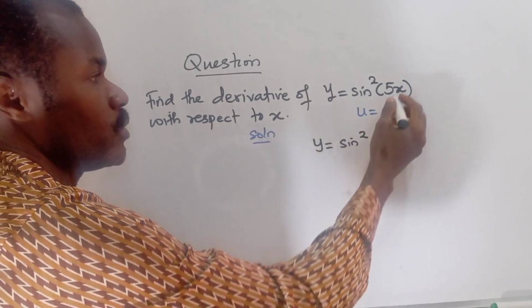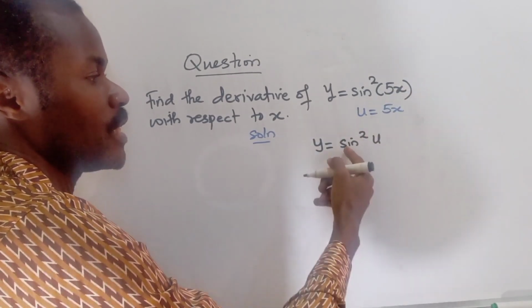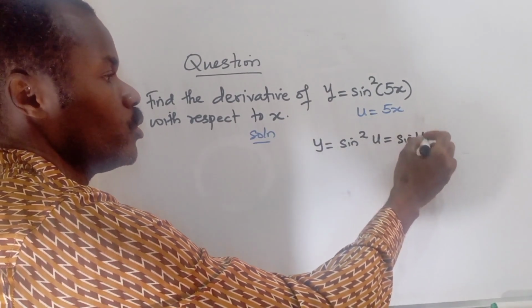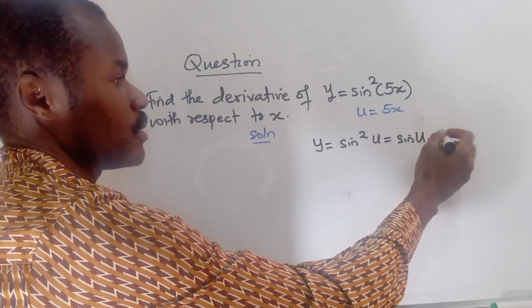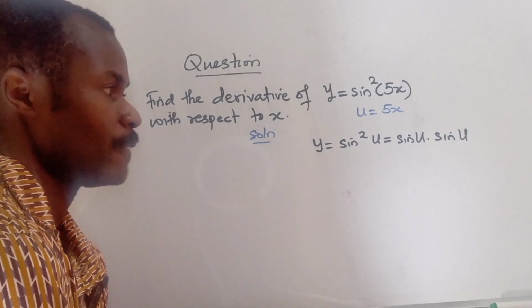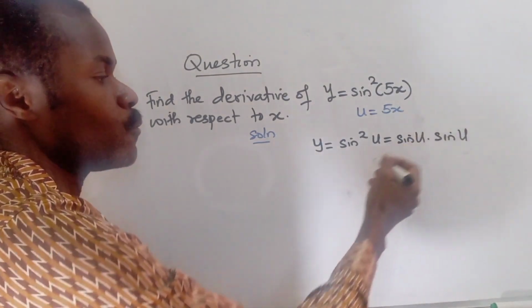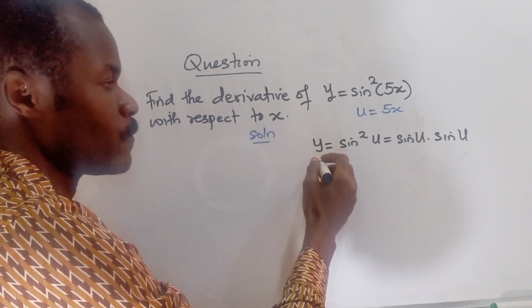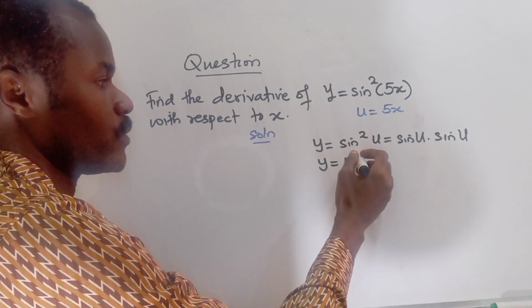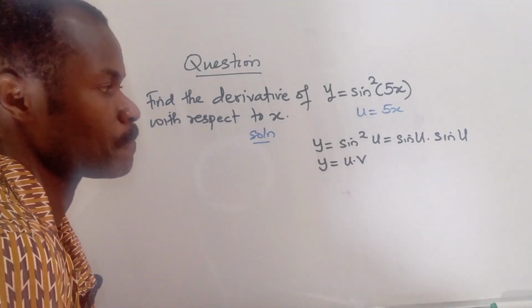Now, if I do that, we can write this in the form y equals sine squared u. Sine squared u simply means sine u multiplied by sine u. So that looks like y equals u multiplied by v.